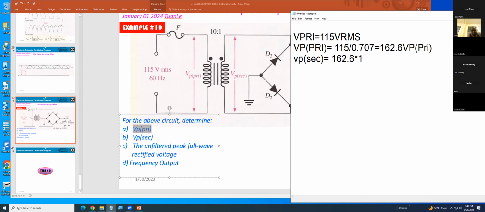Times 1 divided by 10. Divide by 10. So basically 16.26, right? Right.